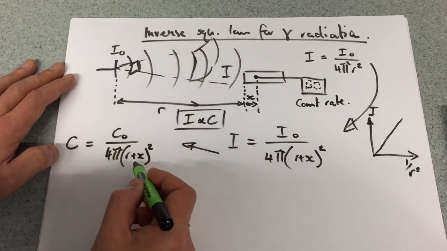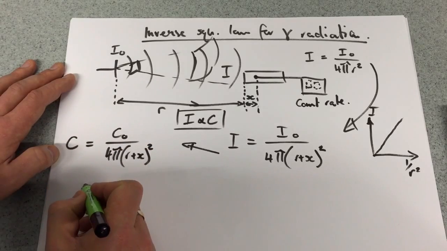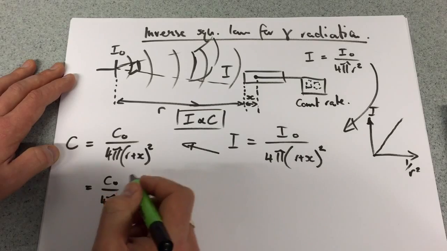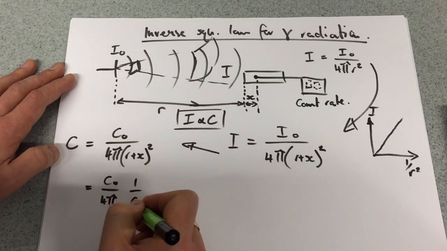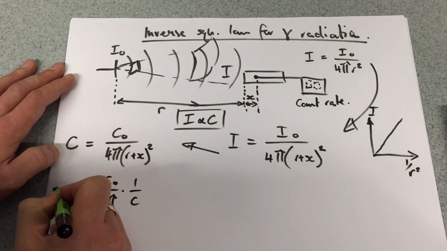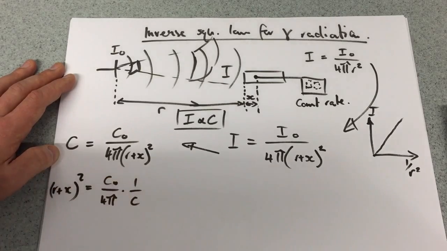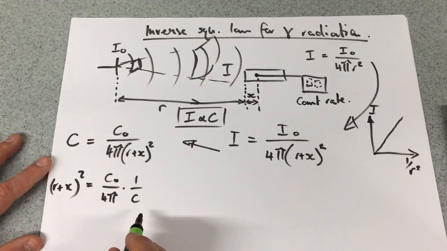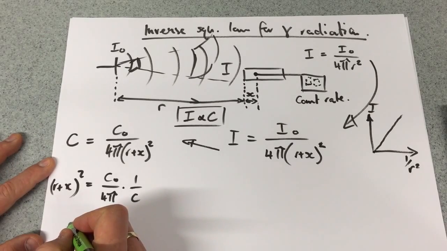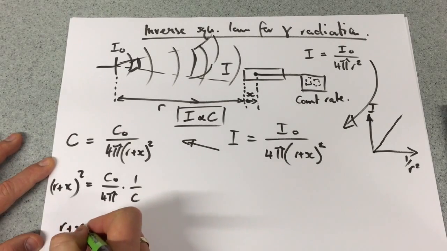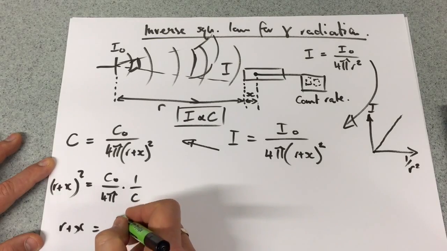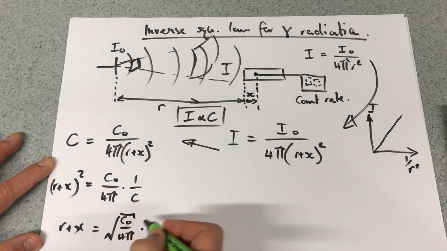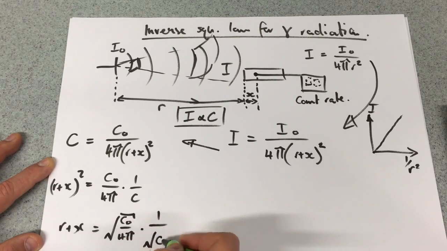Let me move this around by moving that up. So that's going to give me C naught over 4 pi, 1 over the count rate, gives me r plus x all squared. I'll remove the squares, so that gives me r plus x is the square root of a constant by 1 over the square root of the count rate.